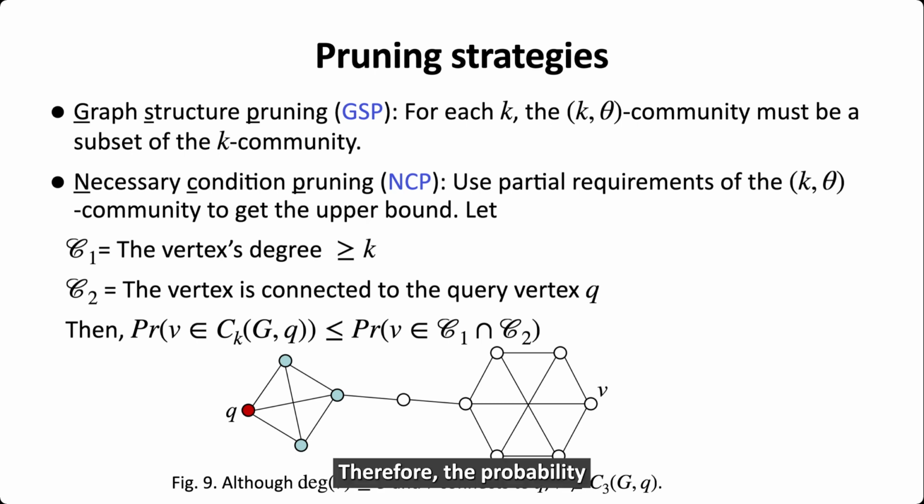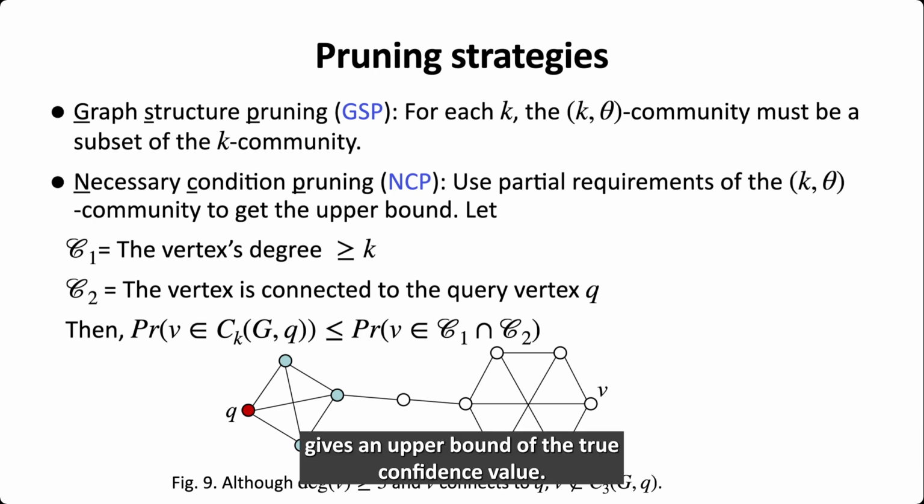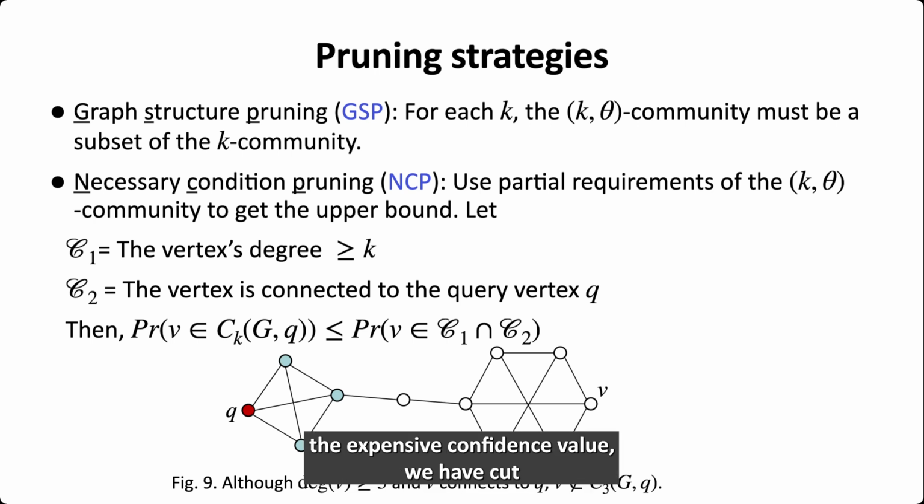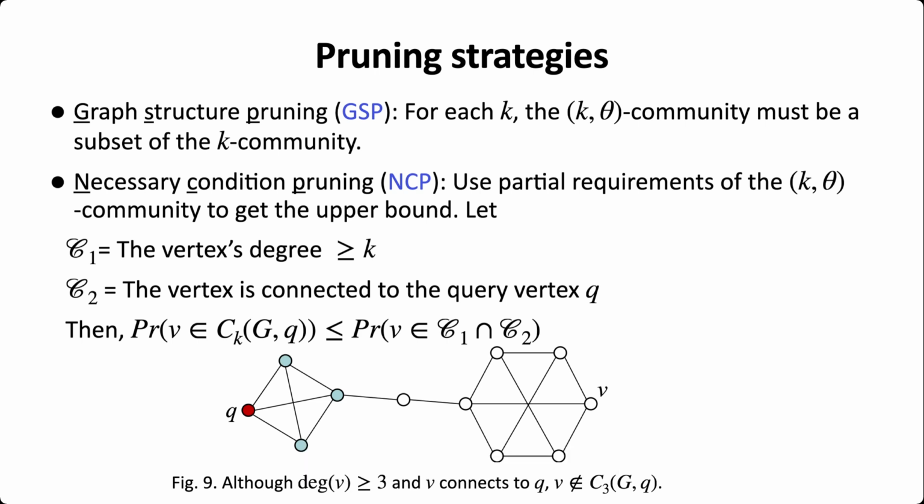Therefore, the probability of the intersection of C1 and C2 gives an upper bound of the true confidence value. In the pruning step, although we haven't calculated the expensive confidence value, we have cut most unqualified vertices.